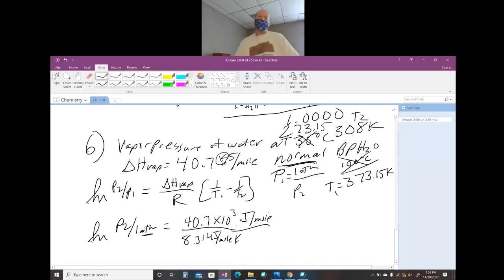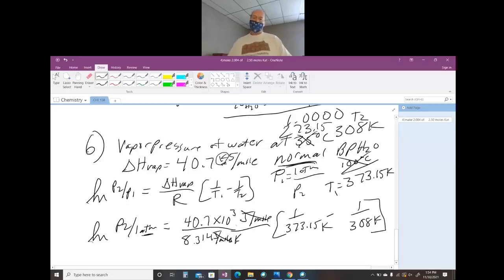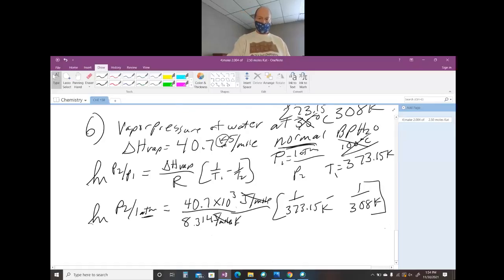So it is 40.7 times 10 to the third joules per mole, so that my joules per mole cancel my joules per mole. 1 over T1, 373.15 minus 1 over T2, 308. All right, again, these must be in Kelvin. If it's a multiple choice, the answer, if you put Celsius, is there. It is the wrong answer.